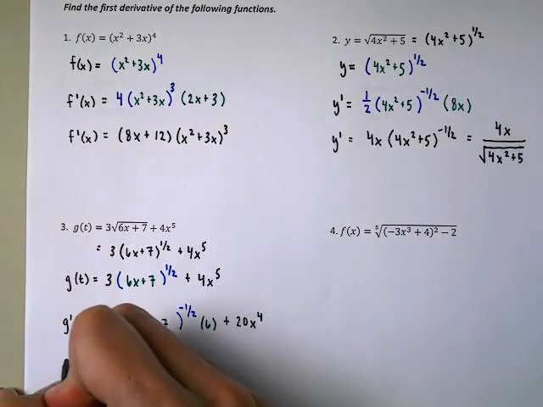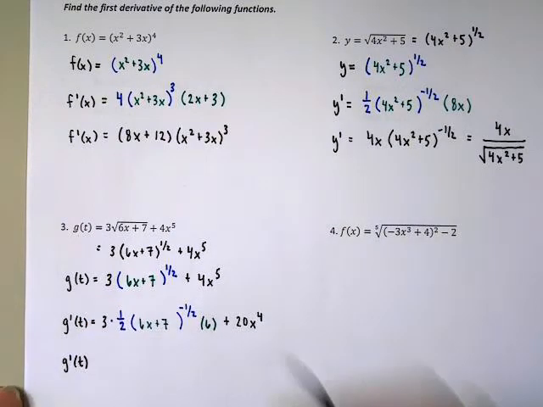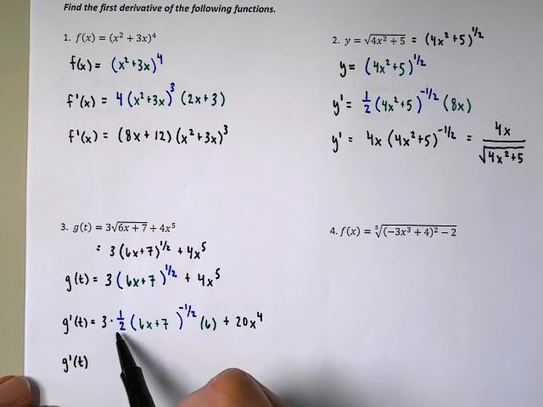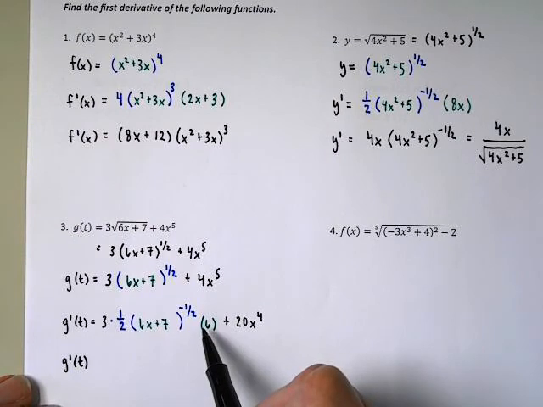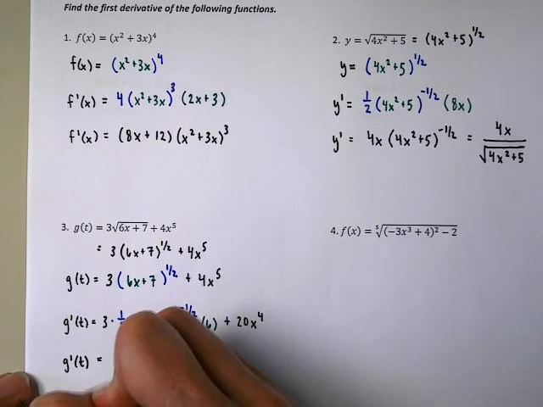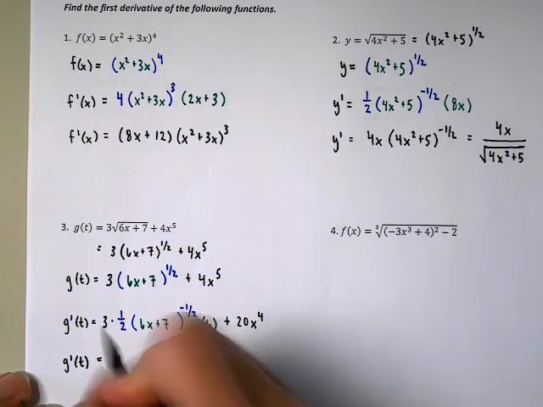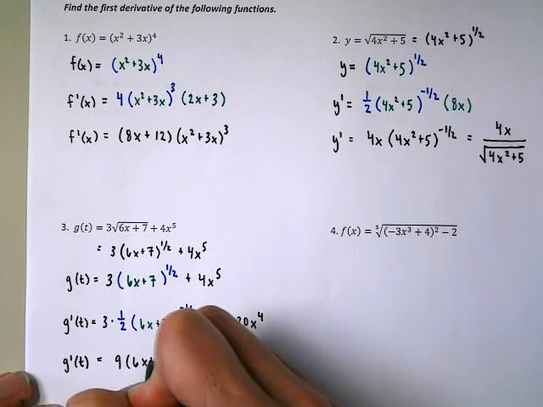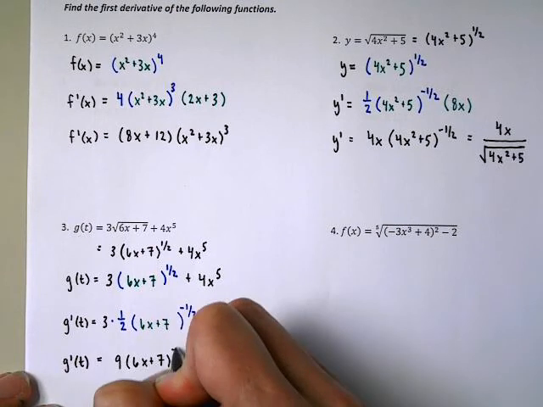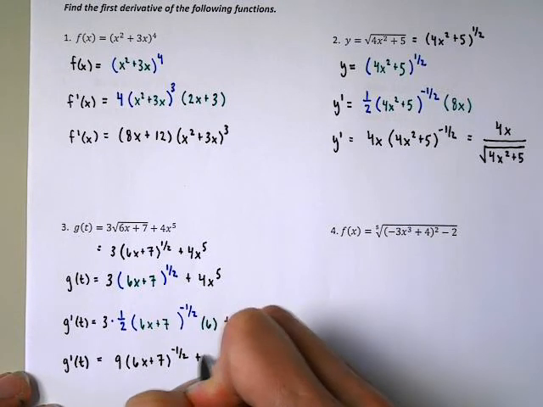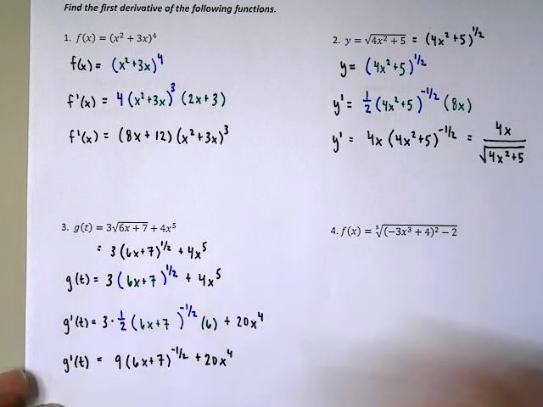And so we can go ahead and simplify g prime of t. Let's see. I have 3 over 2 times 6, which is just going to give me 9, if I did that correctly. 9 times (6x plus 7) to the negative 1/2 plus 20x to the 4th.